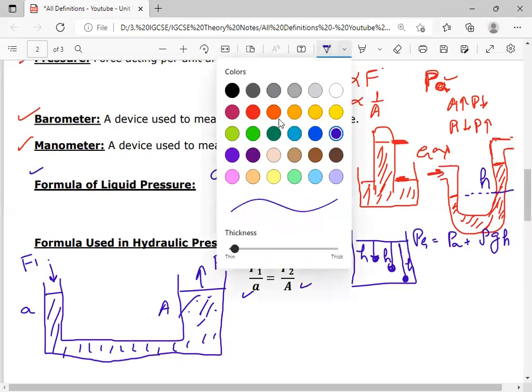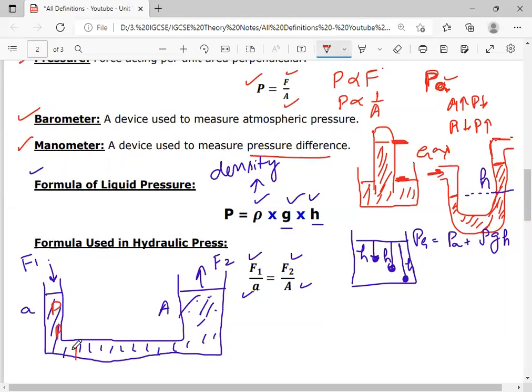But one thing will be kept constant throughout the liquid, that is the pressure. So pressure on both sides will remain the same. So by comparing their pressures, we can formulate F1 over small a is equal to F2 over capital A, where small a represents the cross-sectional area of the smaller piston and capital A represents the cross-sectional area of the larger piston.